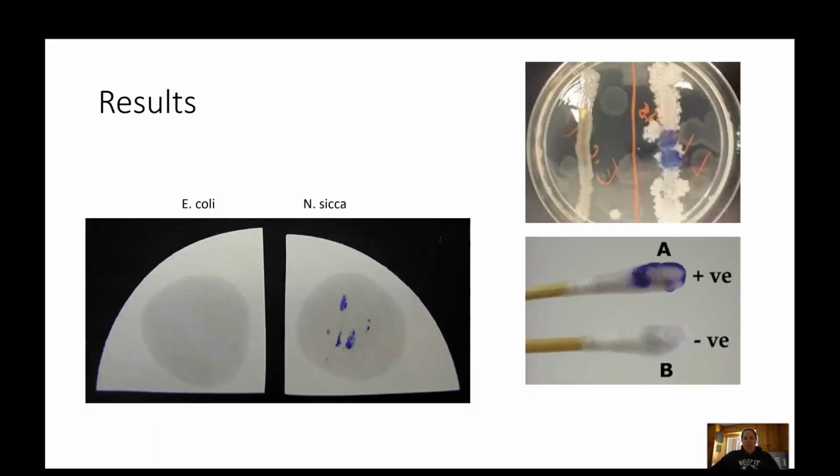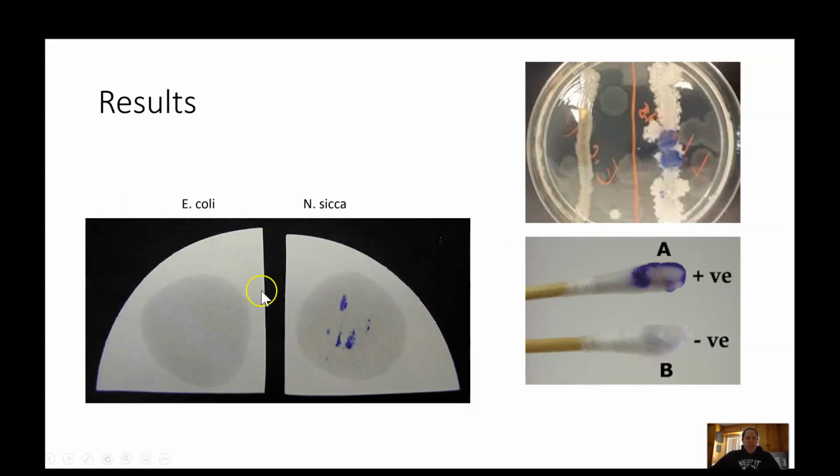So let's look at some results here. There are a variety of ways to look at results or do this test in a lab. You could add the TMPD directly to the bacteria on your agar, and like you can see, it'll turn purple in a positive bacteria here, and you won't get anything in a negative bacteria. You could also soak a cotton swab with the TMPD and then rub it onto the bacteria to get that positive result.